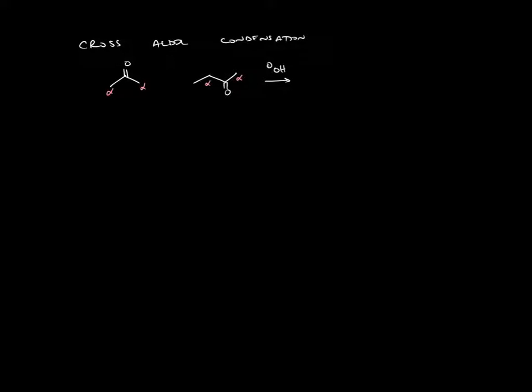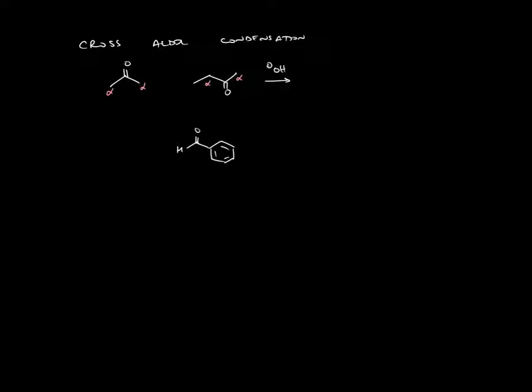So when we do a cross-aldol condensation, usually what we'll do is add one molecule that has no alpha hydrogens that you can pull off, like this one. This guy has a carbonyl right here, but there is no alpha carbon over here, and there is an alpha carbon right here, but it doesn't have any hydrogens. So this would have to be the electrophile.